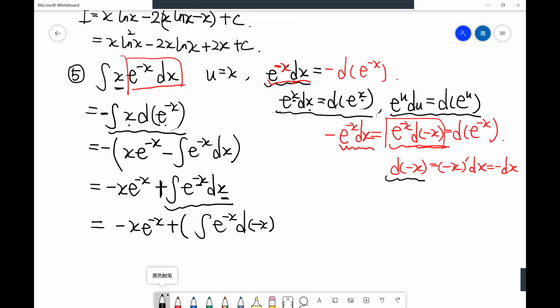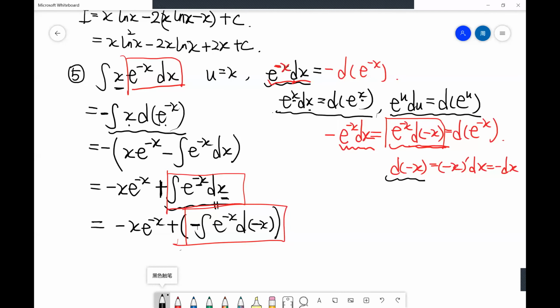And then if we want to change it to d minus x to make these two parts equivalent, we have to make up a minus here, right? Because minus times minus makes positive, right?